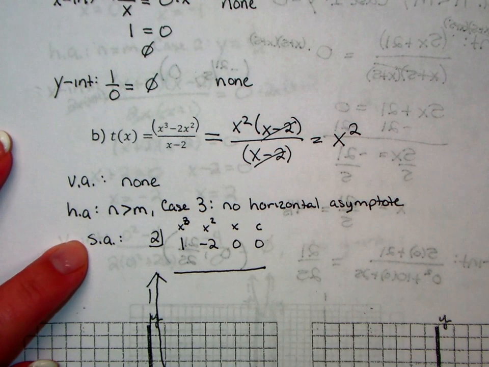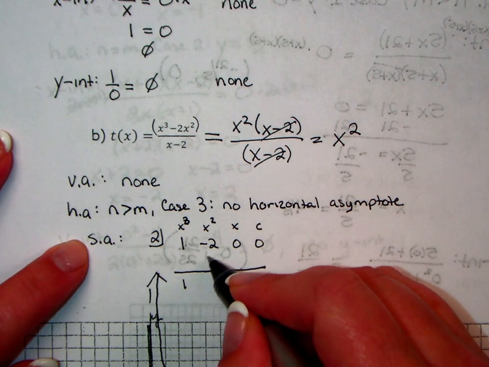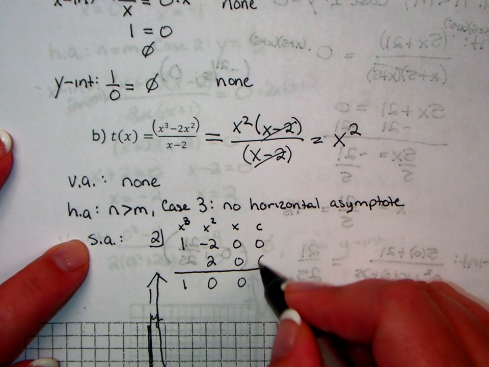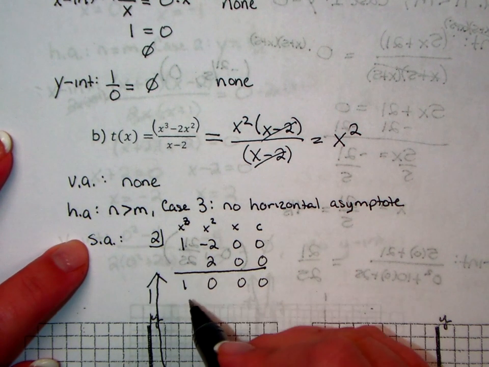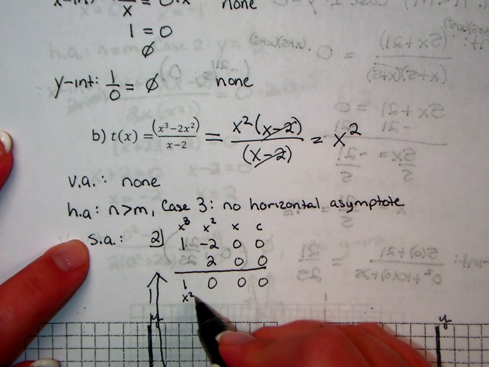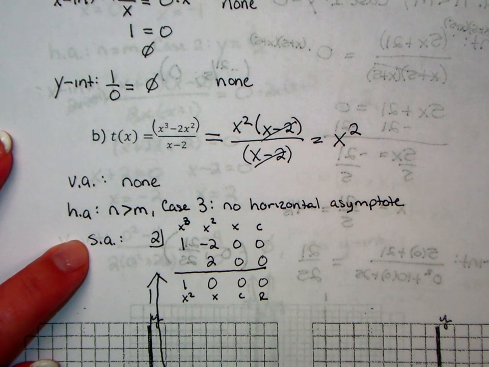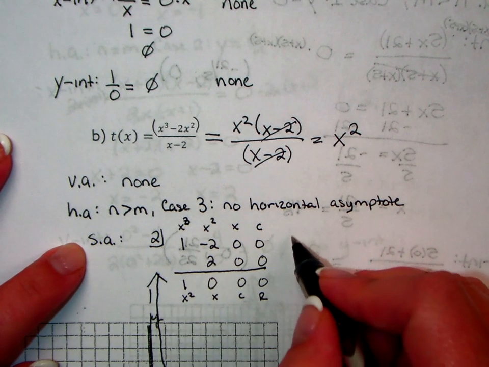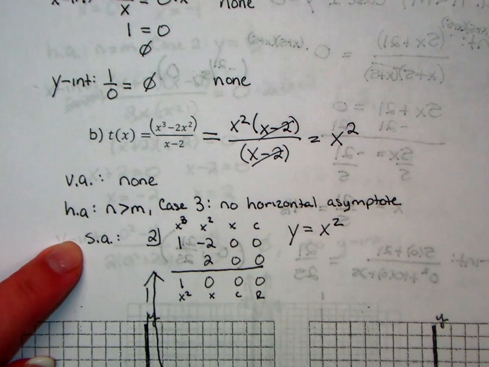Bring the 1 down, 2 times 1 in the next spot, 2 times 0, 0, 0. So the answer is 1 degree less: x squared, x, constant remainder. Our slant asymptote is the quotient only, so our slant asymptote is y equals x squared, which is weird.